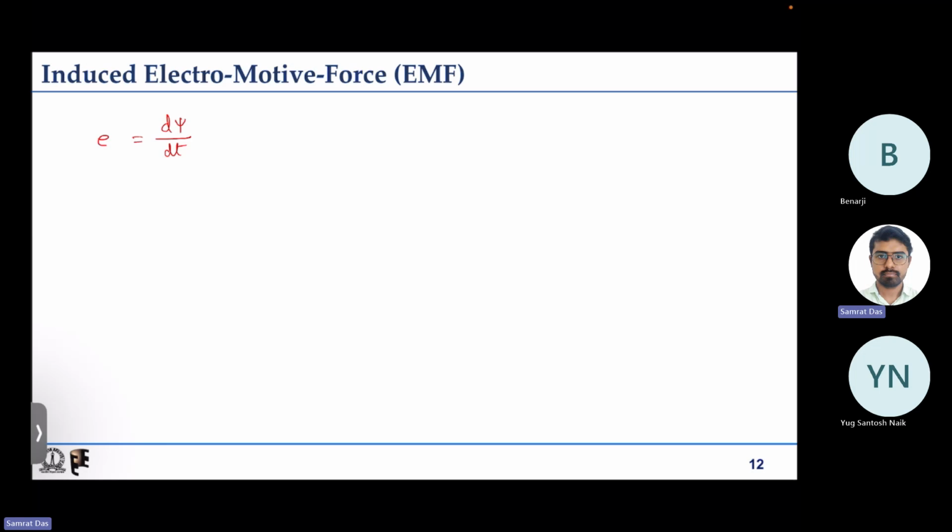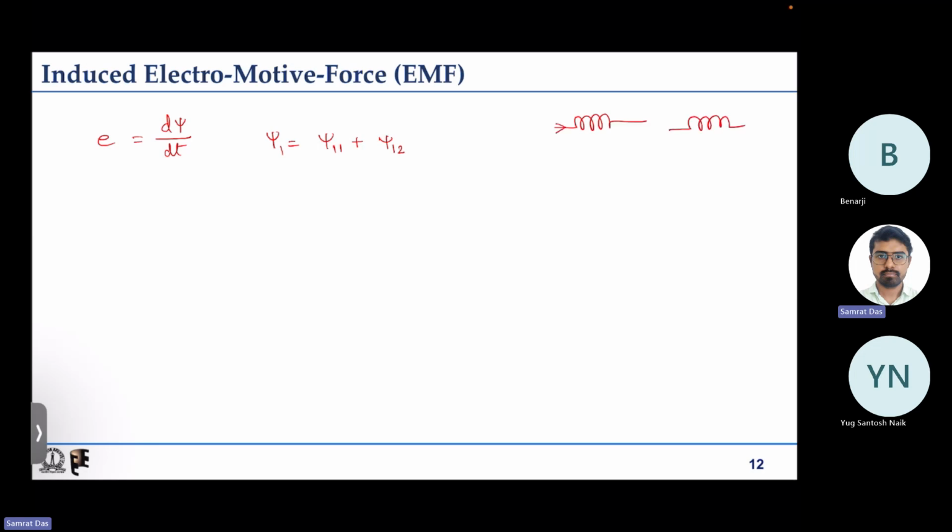After that we discussed that the flux linkage of the coil could be due to, say, coil 1's own flux, due to its own current, and it could be due to some other coil's current. Say there are two coils, coil 1 and coil 2.